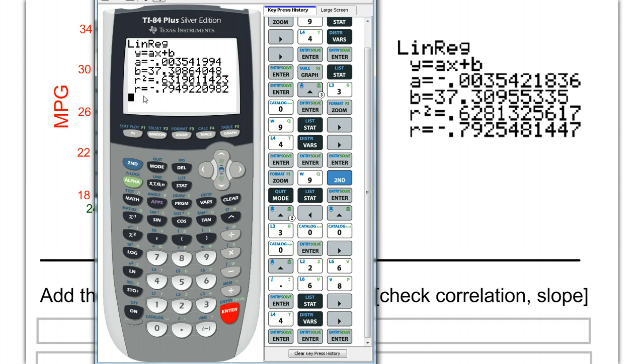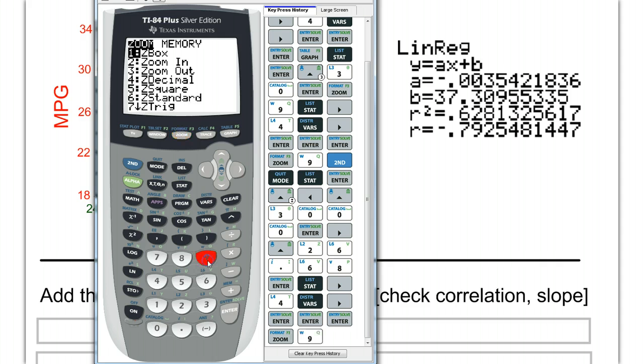R squared and R both improved a little bit. Here we have negative 0.7925. Here we have negative 0.7949. So that improvement actually is a little bit significant. And the reason that that improvement happened is, let's look at our graph.